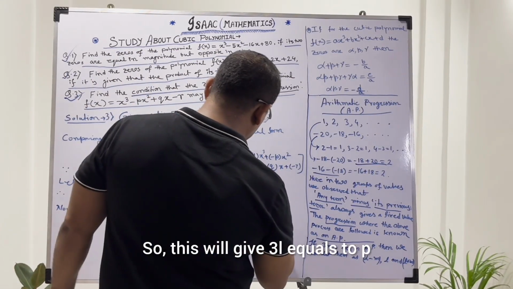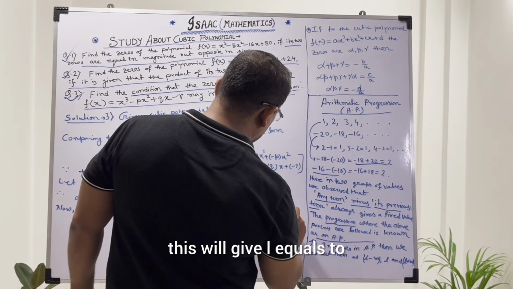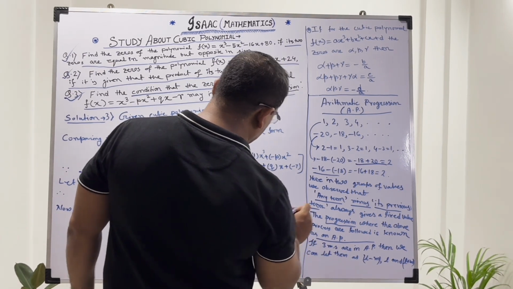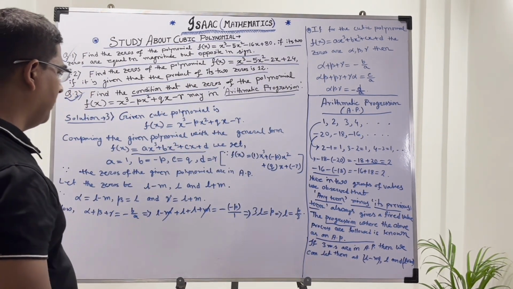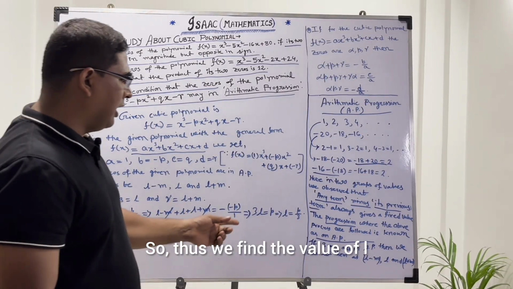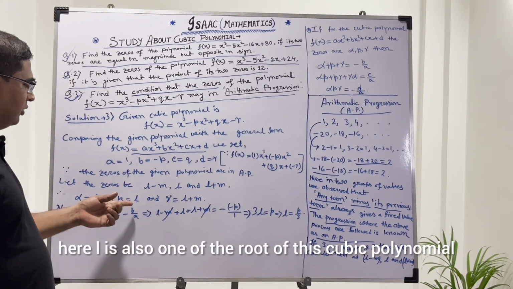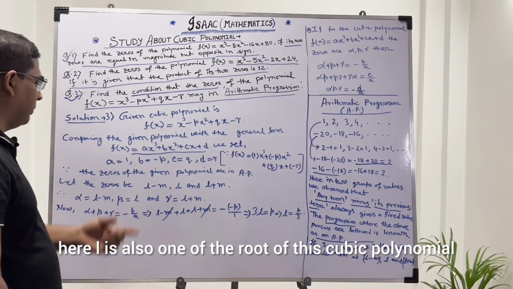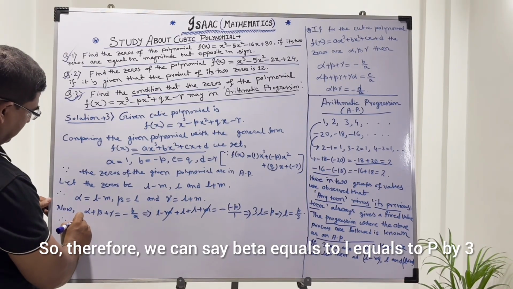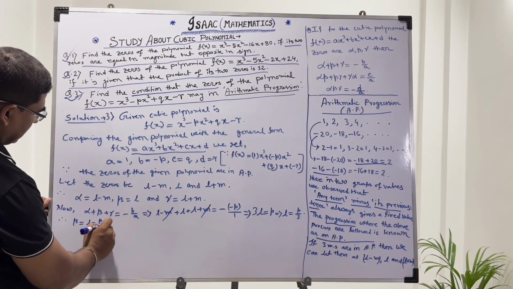So this gives 3L equals p, which gives L equals p by 3. Thus we find the value of L. Here L is also one of the roots of this cubic polynomial. Therefore beta equals L equals p by 3.